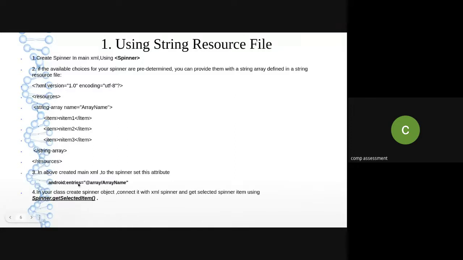So my entries tag is there, which will link the array which we have declared in the string.xml file with the spinner in which you are writing this entries attribute. I hope this is clear to you. Now when you are adding this entries tag, automatically with your spinner, you are getting the list of values which you have added into your string.xml file. Is that clear up to this point?